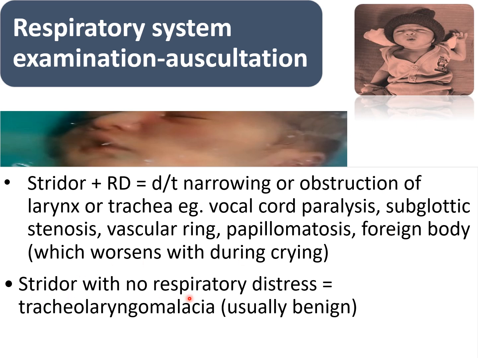Stridor with no respiratory distress in the newborn period or in infants can be because of tracheolaryngomalacia. It is a benign condition and resolves spontaneously by the time the baby is 1 to 2 years of age.